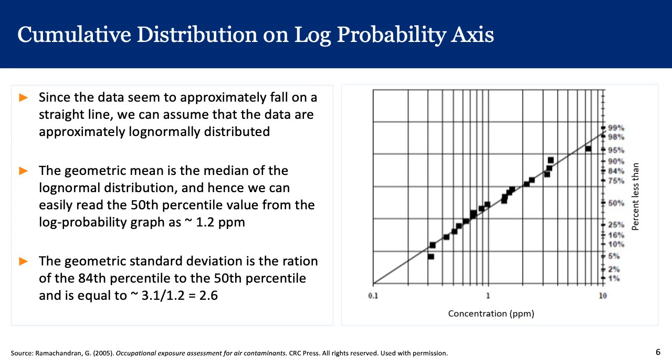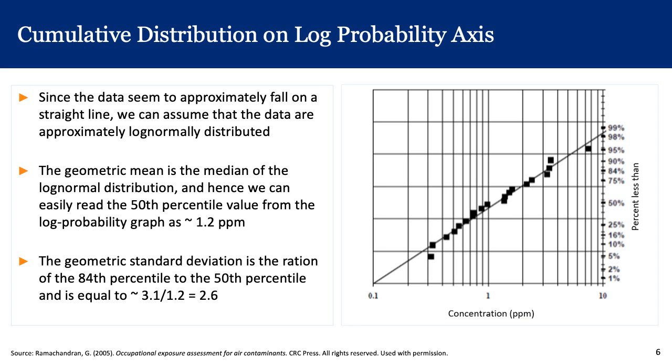Why is this better than just the brute force calculation that we did earlier of geometric mean and geometric standard deviation? So we know that the geometric mean is the 50th percentile of a log normal distribution. And so we can go on the y-axis to the 50th percentile mark and find the corresponding point on the x-axis.